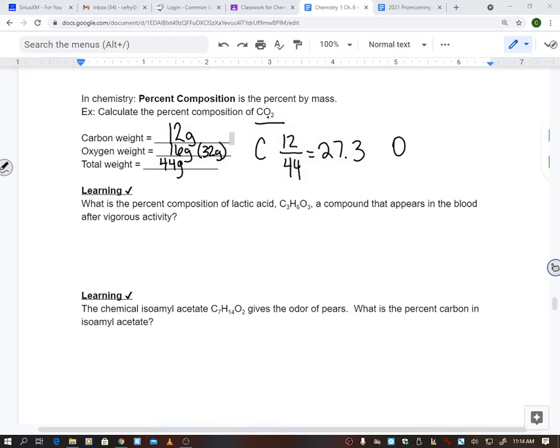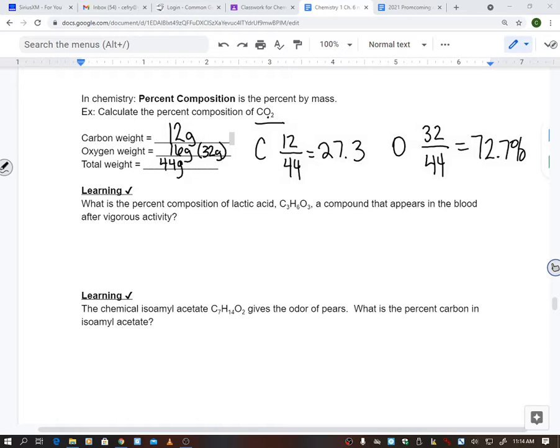Alright, for my oxygen, my total oxygen weight is 32, but the total weight of the entire molecule is 44. So that would be 72.7, which if you notice, it adds up to 100. My percents are always going to add up to 100. Now, if it's off a little bit because you rounded a little weird, that's okay, but it should be at 100 or really, really close to 100.